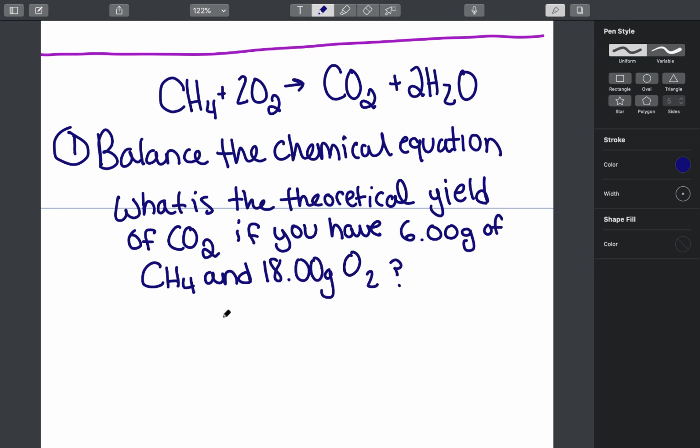And I want your amount in moles. So I'll make it a little easier on you so you don't have to convert it to grams.